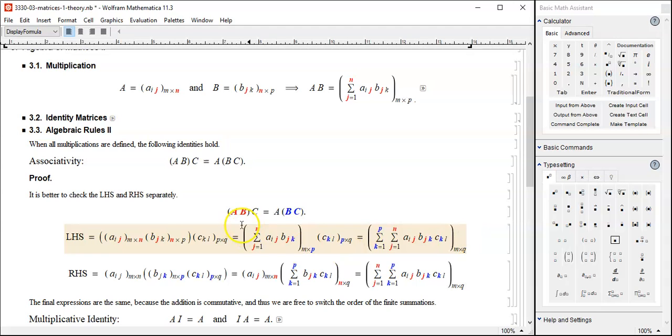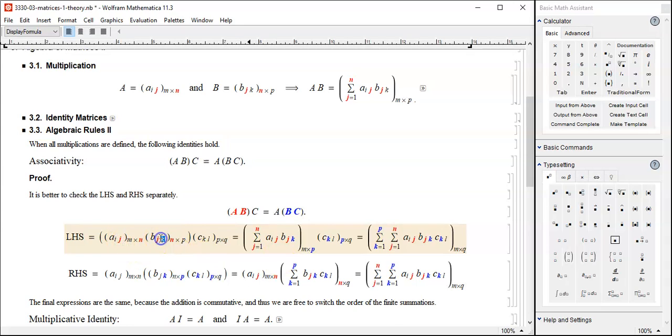Okay, alright. Let's pay attention to red first. A times B, because that's done first. Look at this. Matrix A times matrix B was done first. They're inside the parentheses. And how was it defined? m by n matrix, n by p matrix, n is common, so m, n, and p. So in the end, we get an m by p matrix. Now let's look at the indices.